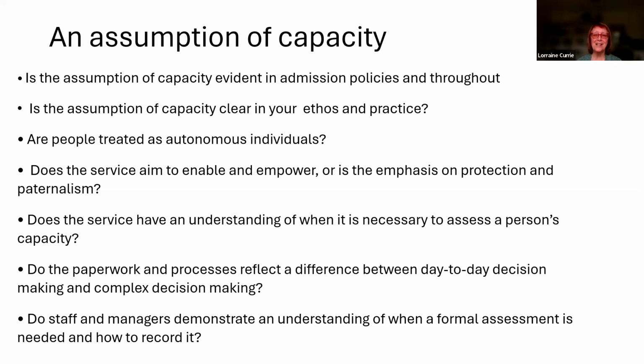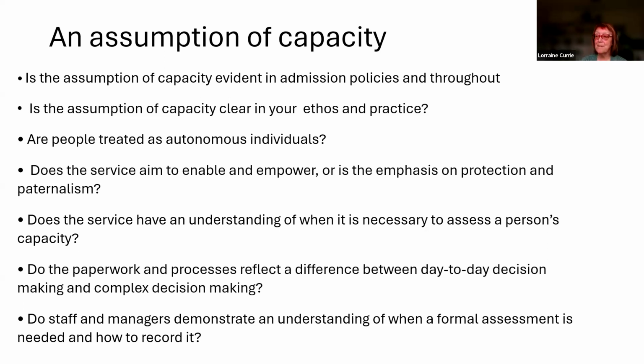And if you decide to review your policies, you can use this as a kind of checklist. Is the assumption of capacity clear in your ethos and practice? So do you have a value statement, or do you have an operating model? And if so, is it clear that the assumption of capacity is really clear in your ethos and in your practice?